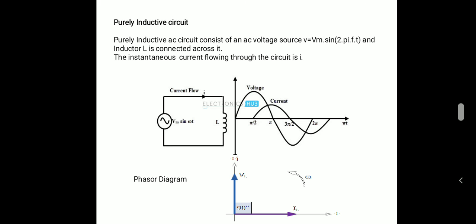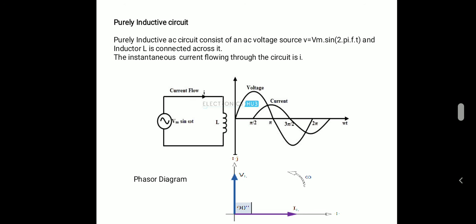With this, we have studied the purely inductive circuit. To summarize, in a purely inductive circuit there is only one component, the inductor, and the supply voltage is V equal to Vm sin omega t, with instantaneous current I. In the waveforms, as a property of the inductor, the current flowing through the inductor lags behind the voltage by 90 degrees, so the voltage leads the current by pi by 2 radian.